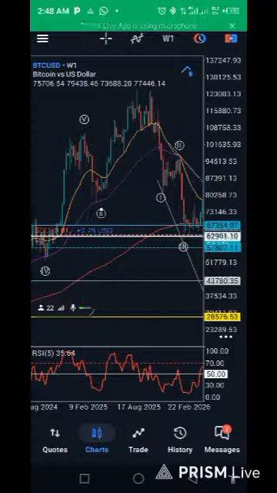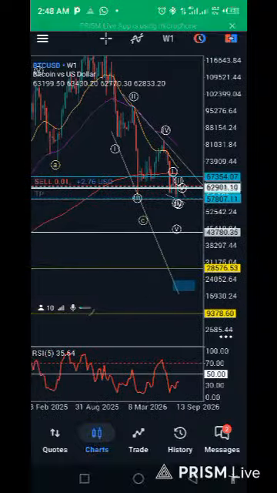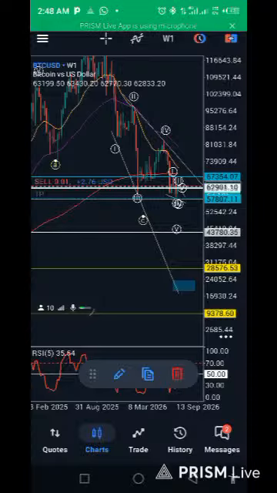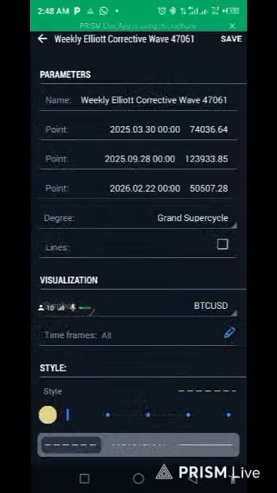This is A, this is B, and the last one that is happening now is the C. I use the yellow color to symbolize it. You can see it there clearly.